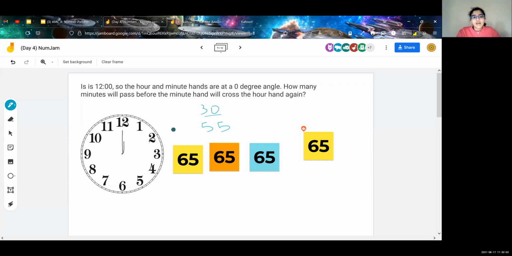So when you add 60 to 30 over 5.5, you get 65.5 if you round it to the nearest tenth. However, if you just rounded it to the nearest number, then 65 would be the correct answer. So good job to everyone who got this right.